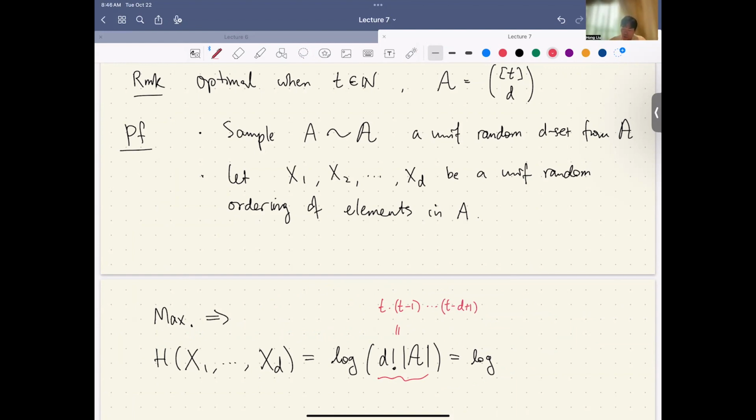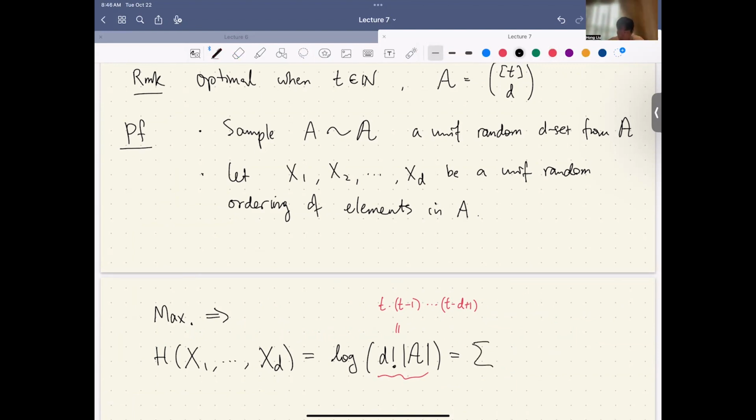Log of a product is the sum of the logs. So using that, this equals the summation of k from 1 to d of log of t plus 1 minus k.